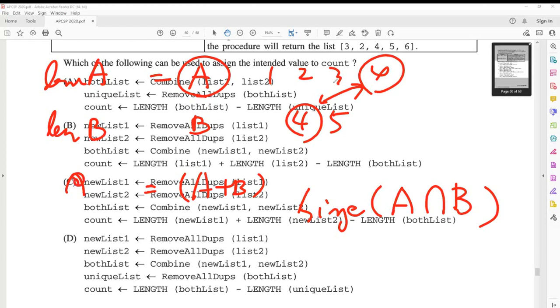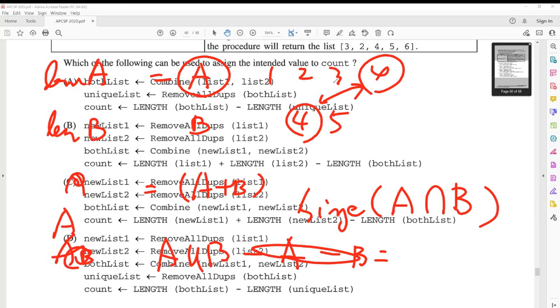So the size of A plus the size of B minus the union size will give you the intersection size. That is what we need to do.